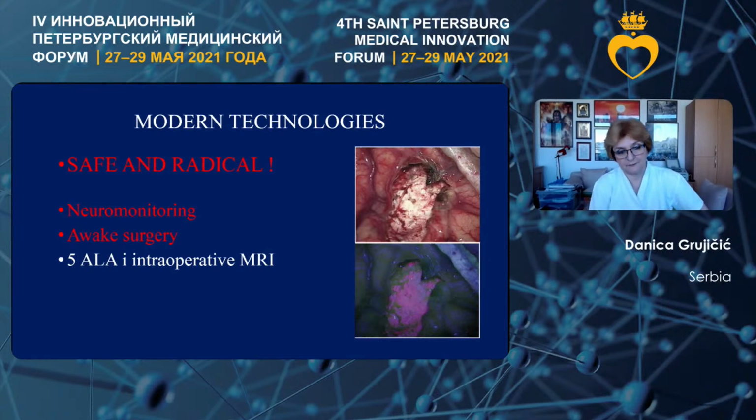We control the motor functions of the opposite limb. And if possible, if the patient can communicate with us, we do the awake surgery. What we do not do, unfortunately, is 5-ALA or intraoperative MRI.